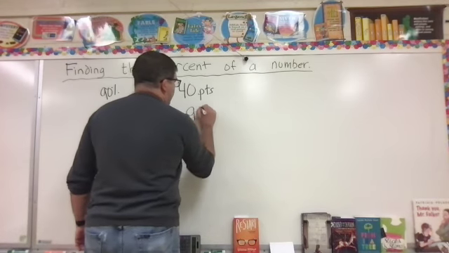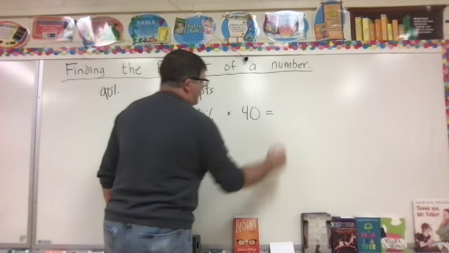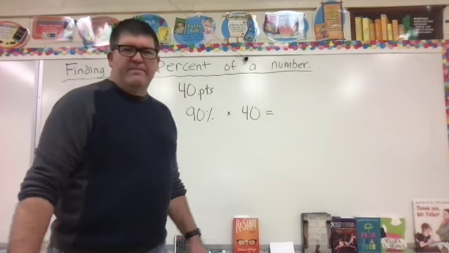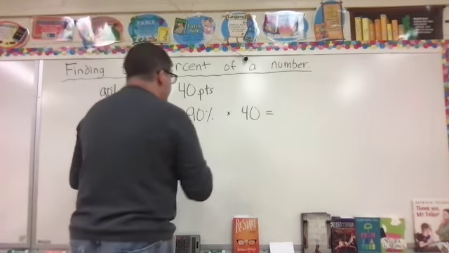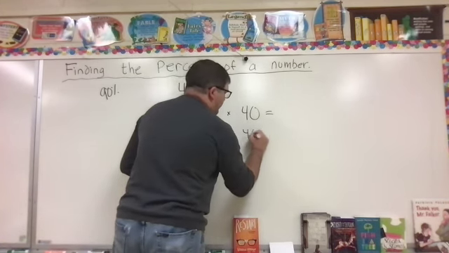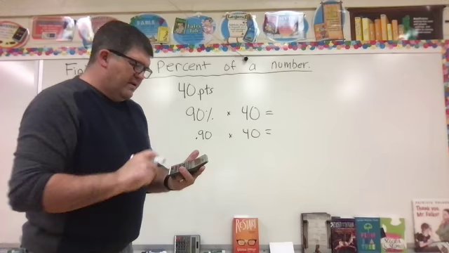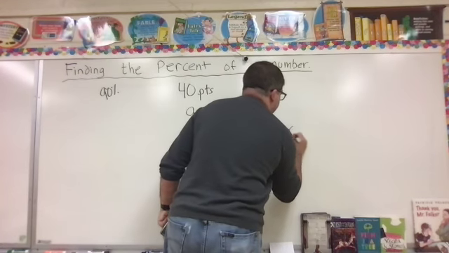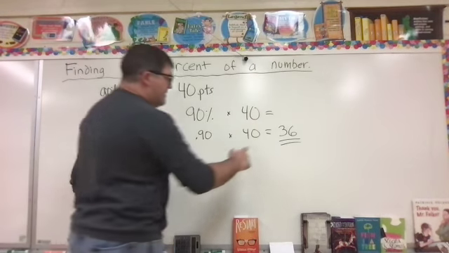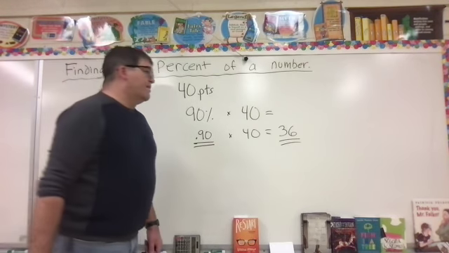So I go 90% times 40. That will tell me how many points I need to get my A. So I change this to 0.90 times 40 equals 36. So if I get 36 correct on this test, I will get a 90%, and I will get an A.